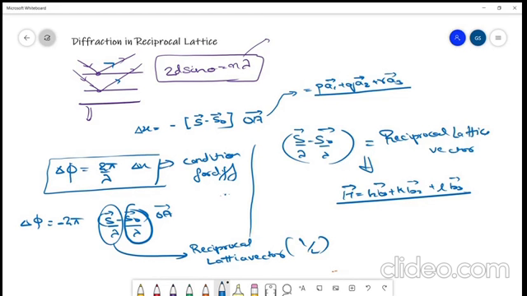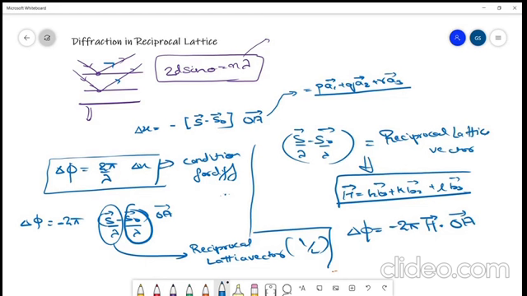So this is what we have come up to. Now I'll replace this in our delta phi equation. So delta phi will then become minus 2 pi, this thing is our H vector, reciprocal lattice vector, dot OA.